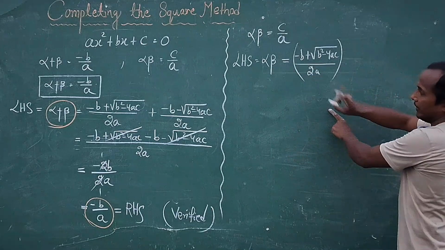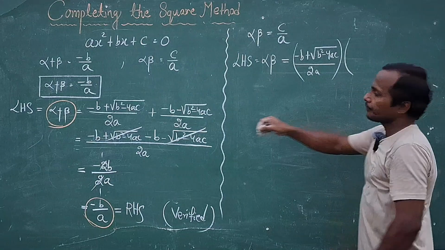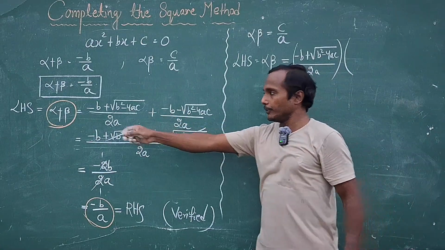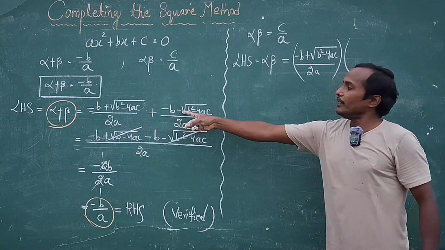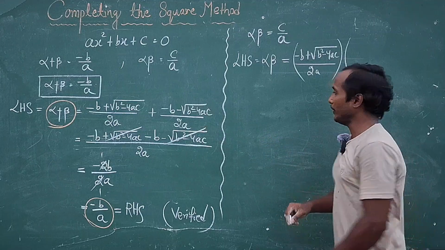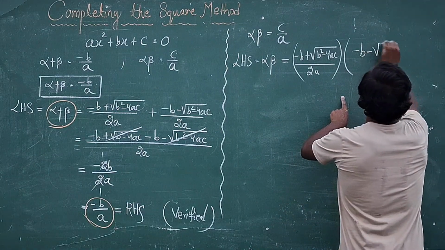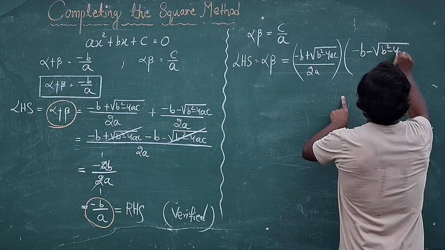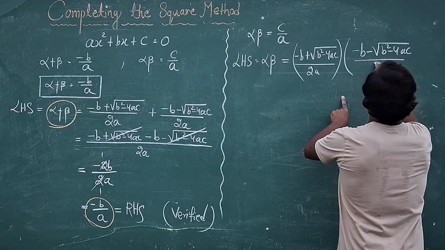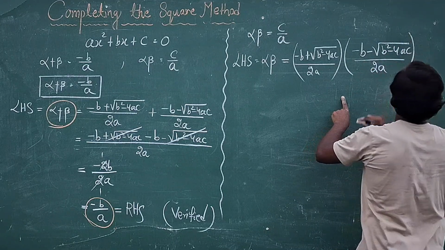What was beta? Beta is minus b minus square root of b square minus 4ac by 2a.